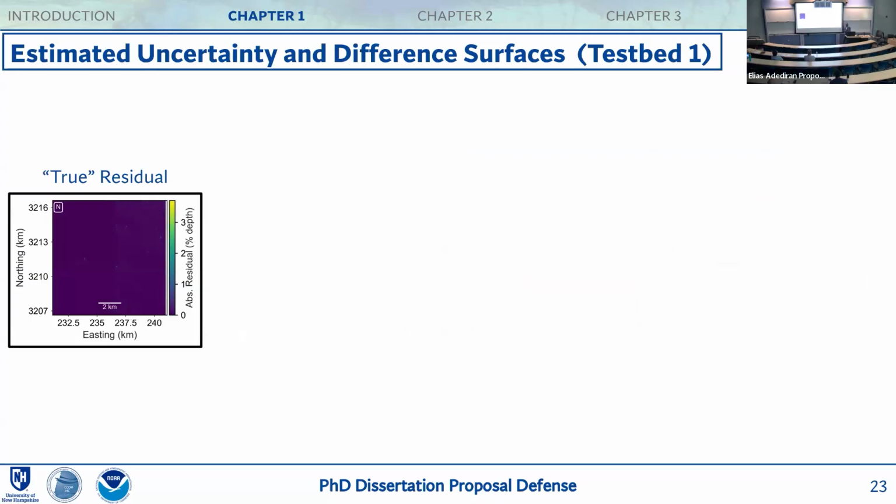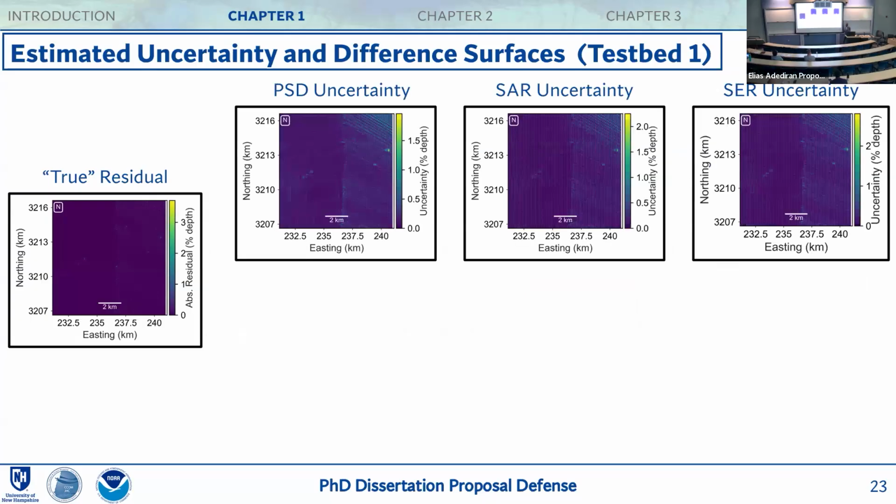So the true residual again, and using the methods that we've developed, the PSD uncertainty is coming from the spectral method, and the SAR, which is the spatial average range, is coming from the spatial statistical method, and the spatial envelope range is also coming from the spatial statistical method.